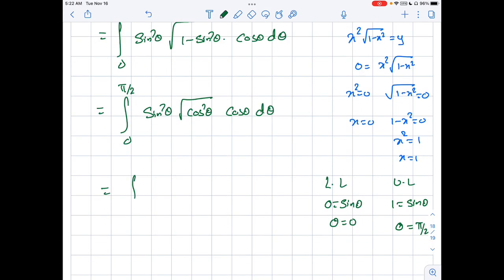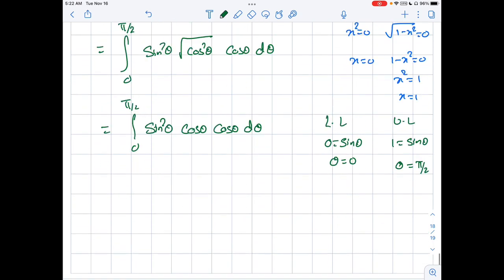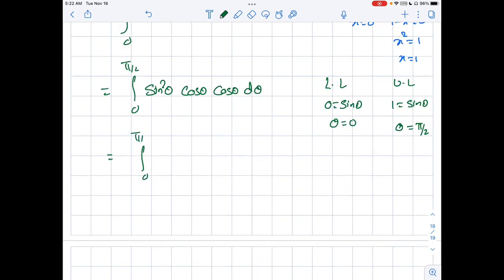So it becomes 0 to pi by 2 sine square theta, square root of 1 minus sine square theta is cos square theta, root of which is cos theta, times cos theta d theta. So 0 to pi by 2 sine square theta cos square theta d theta.